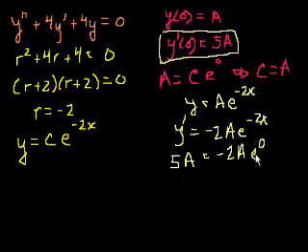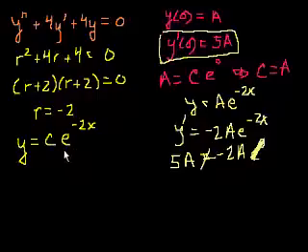Or another way of saying that, e to the 0 is just 1. It says that 5a is equal to minus 2a, which we know is not true. So note, when we only have this pseudo-general solution, it can only satisfy generally one of the initial conditions, and if we're really lucky, both initial conditions. So that at least gives you an intuitive feel of why this isn't the general solution.